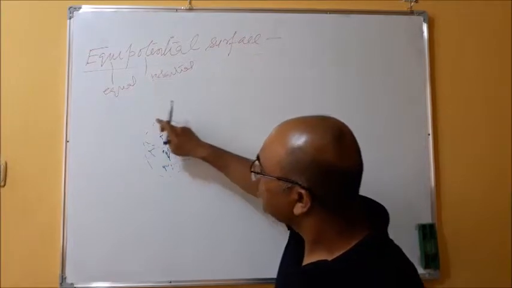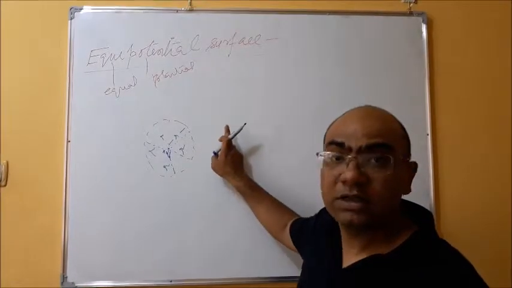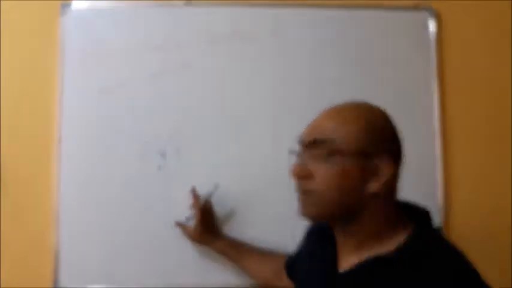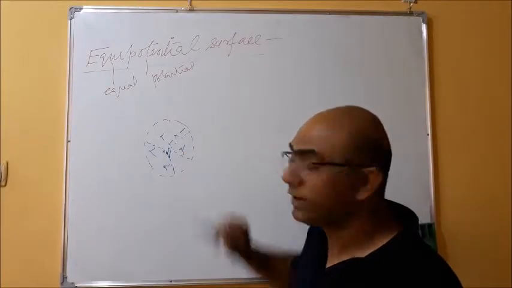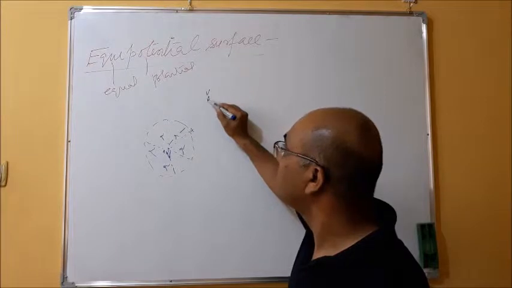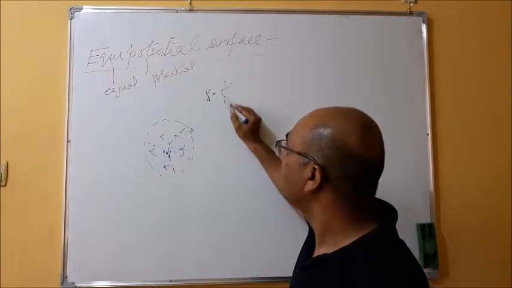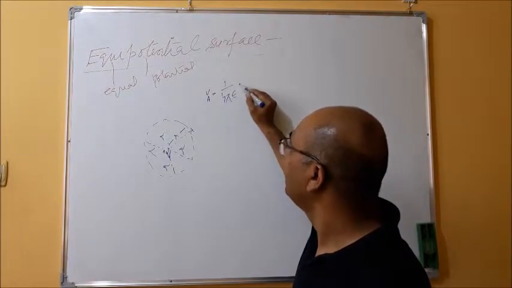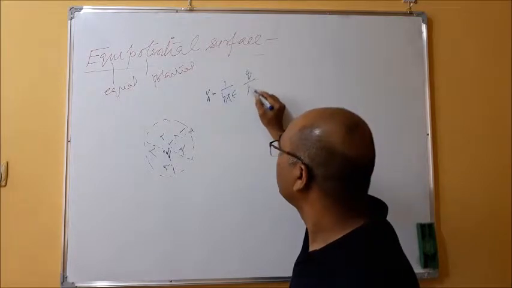So on this circle circumference, wherever you go, you will get the same distance from this point charge. Suppose I take this point A. What will be the value of potential here? 1 upon 4 pi epsilon, Q upon r.